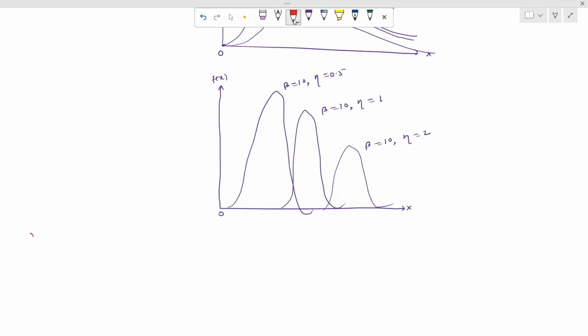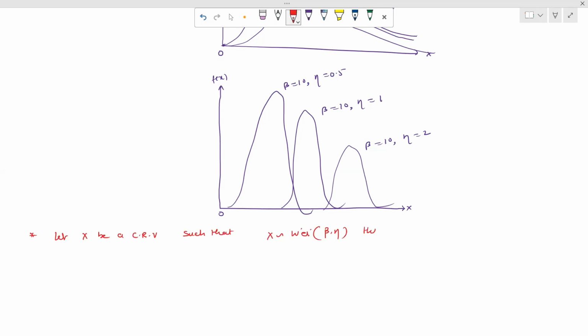Now we explain the thing: let x be a continuous random variable such that x follows the Weibull distribution with parameters beta and eta.